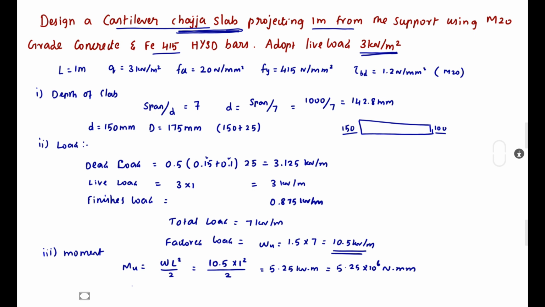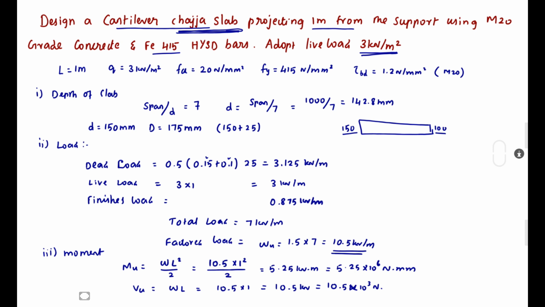Next thing is shear force, VU equal to W into L, that is 10.5 into 1, that is equal to 10.5 kilonewton. We can convert into Newton, that is 10.5 into 10 power 3 Newton.